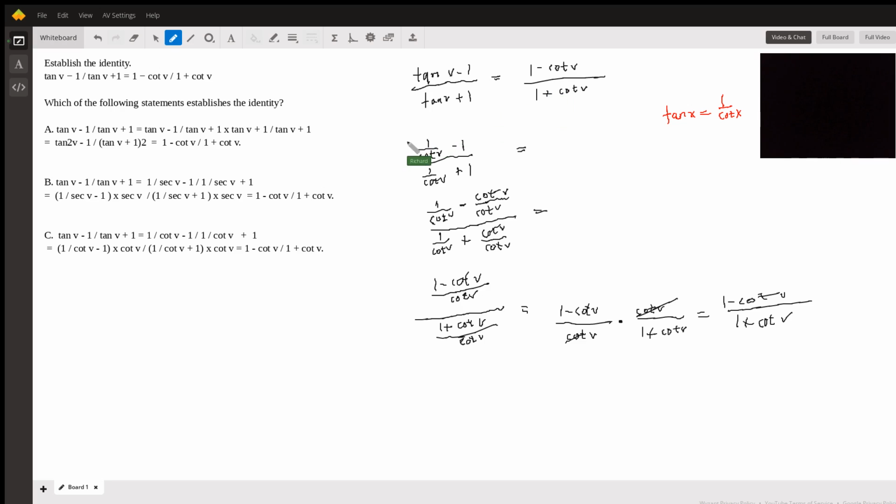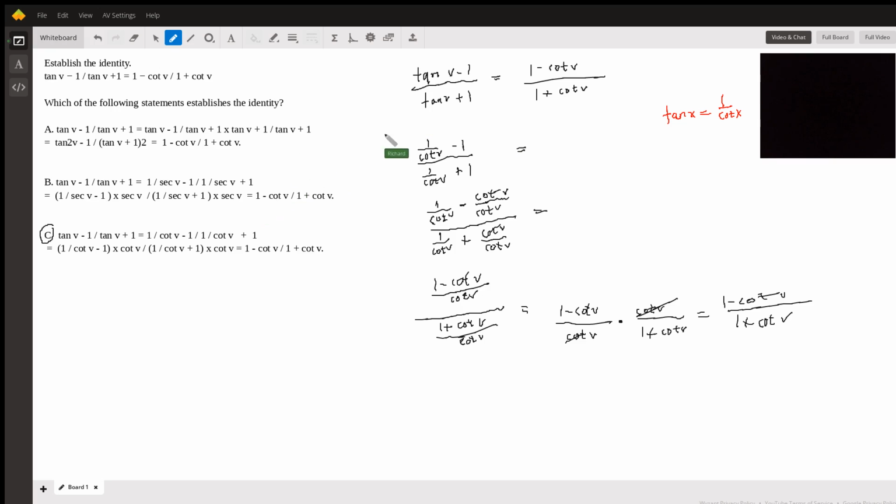I think the method that we used was C, method C here. I didn't check it step by step. I put in this extra keep, change, flip so that you could see what was going on, but this is basically the same solution. I didn't check to see if either A or B would work.